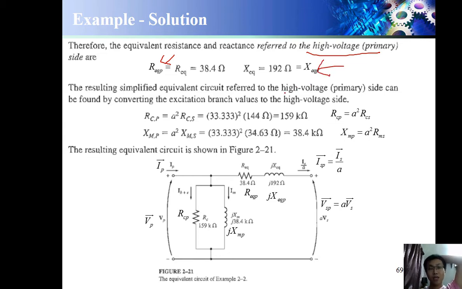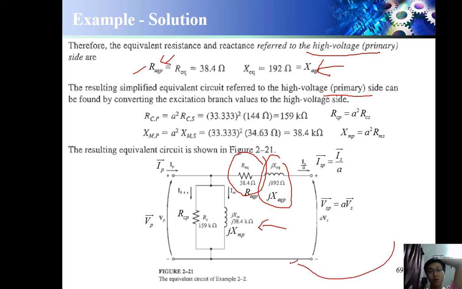Okay, so what is the question asking us to do? They want us to create the circuit referred to the primary side. So we have an equivalent value for the primary side, this one. We have this one as well, but we don't have this one. So we need to convert the secondary to primary.